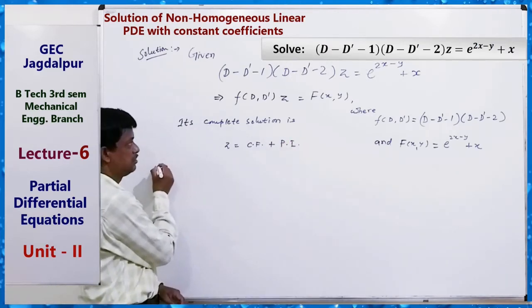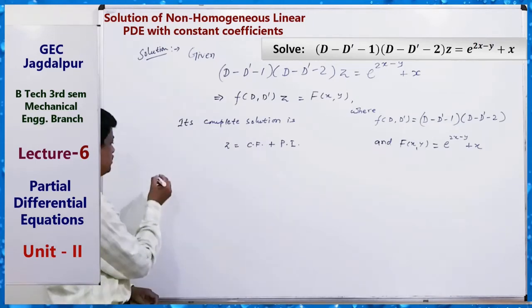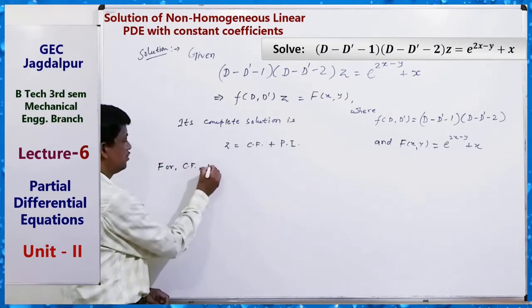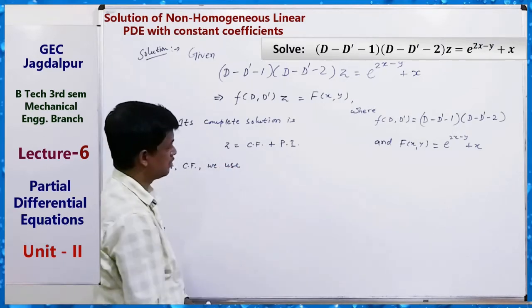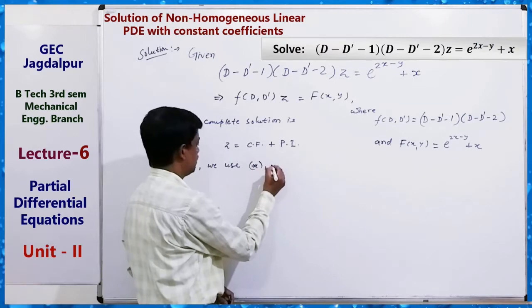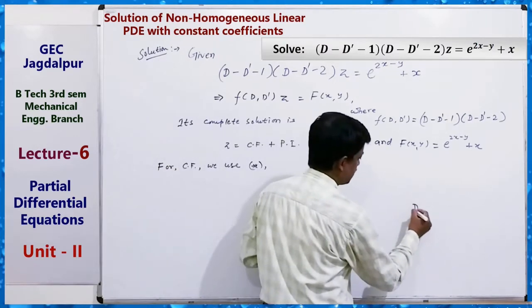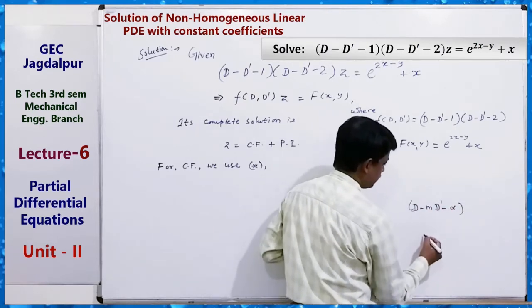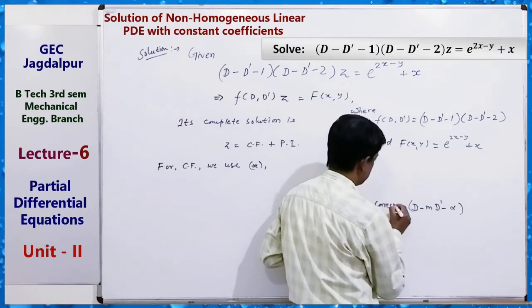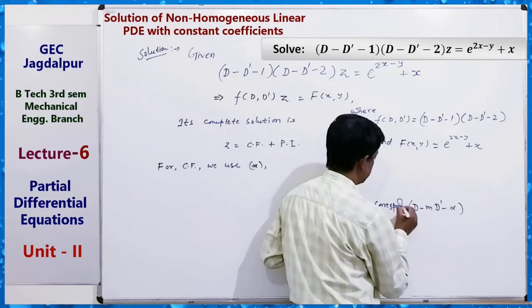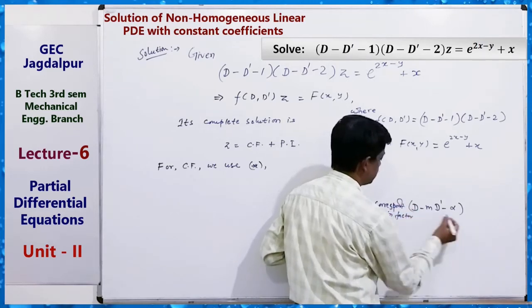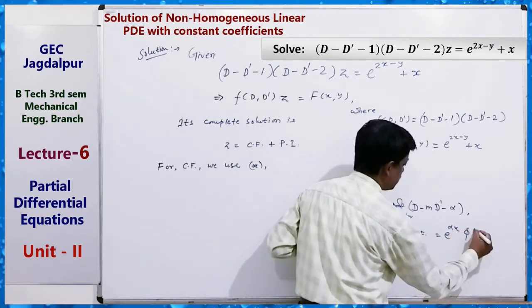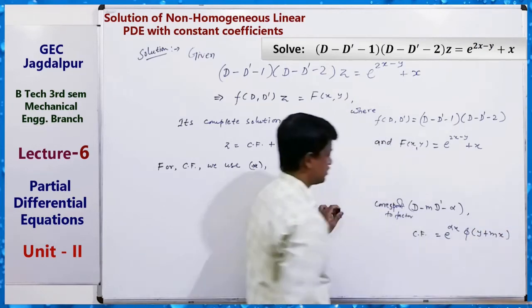For CF we use the star formula: for the factor D minus m D' minus alpha, the corresponding CF is e to the power alpha x phi of y plus mx.